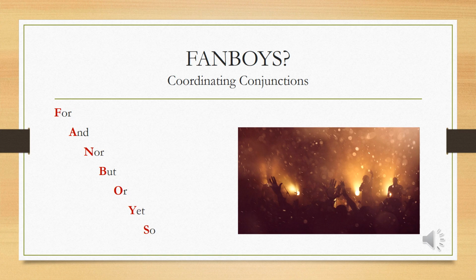It's a short way of saying coordinating conjunctions. As you know, there are 3 types of conjunctions, and this is the first type. There are only 7 of them. That's why it's easy to put them together as such: for, and, nor, but, or, yet. So if you look at the red letters, they form the word fanboys, or the 2 words fanboys.